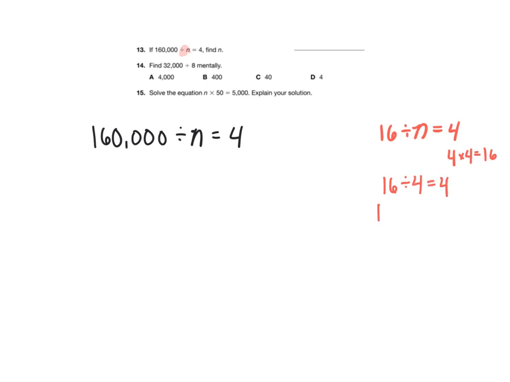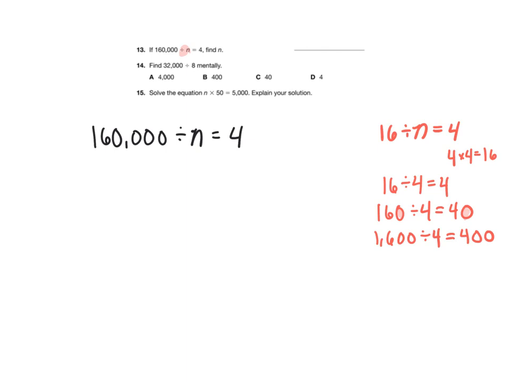And I bet you could use that to figure out that 160 divided by 4 must be 40, because I've got 1 zero here, and I've got 1 zero in my quotient. And I bet you could then continue on and say that 1,600 divided by 4 equals 400.